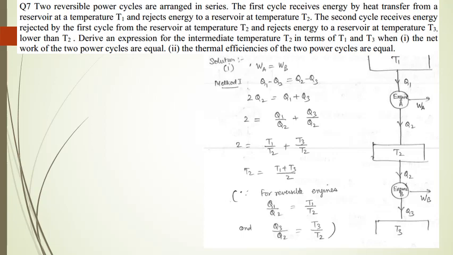Now, since both engines are reversible engines, we can say Q1 upon Q2 is equal to T1 upon T2 and Q3 upon Q2 is equal to T3 upon T2. So we substitute these values in the equation above and we get T2 is equal to (T1 plus T3) upon 2. That is the intermediate temperature in terms of temperatures T1 and T3.